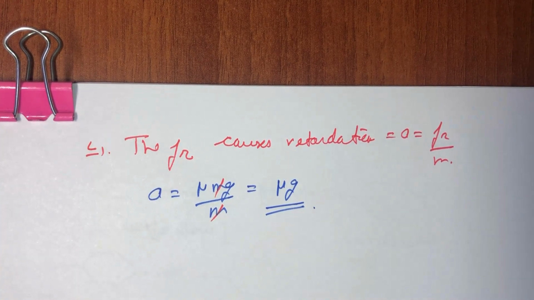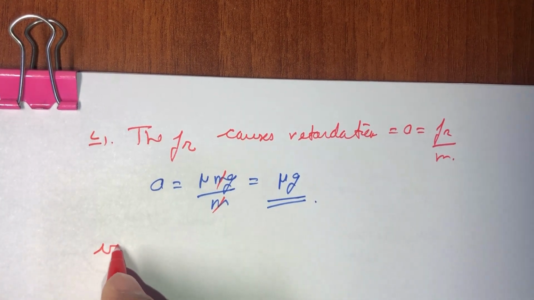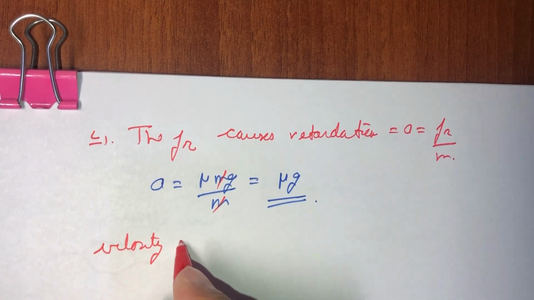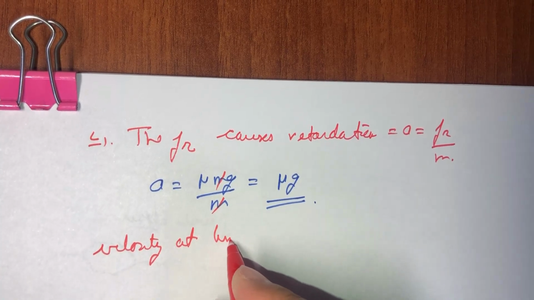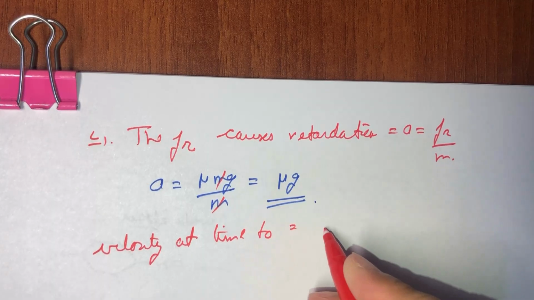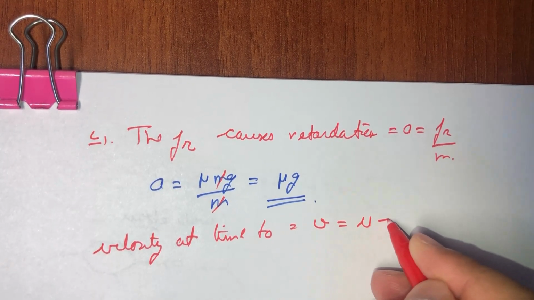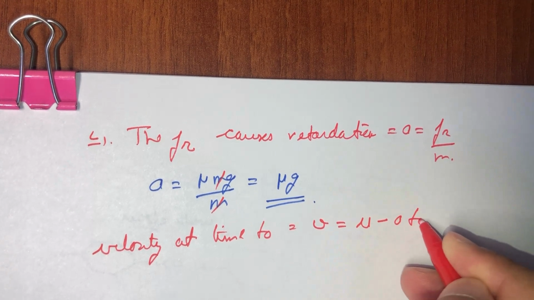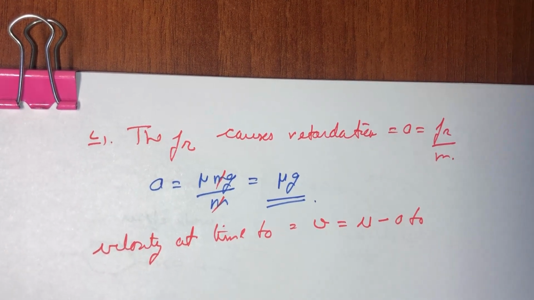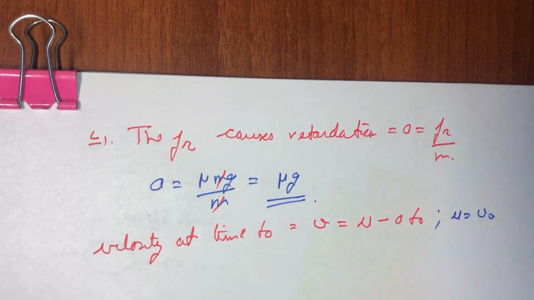And we can find out the velocity at time t0. Let us suppose that is given as v, and v will be equal to initial velocity minus a times t0, and initial velocity is given as v0.